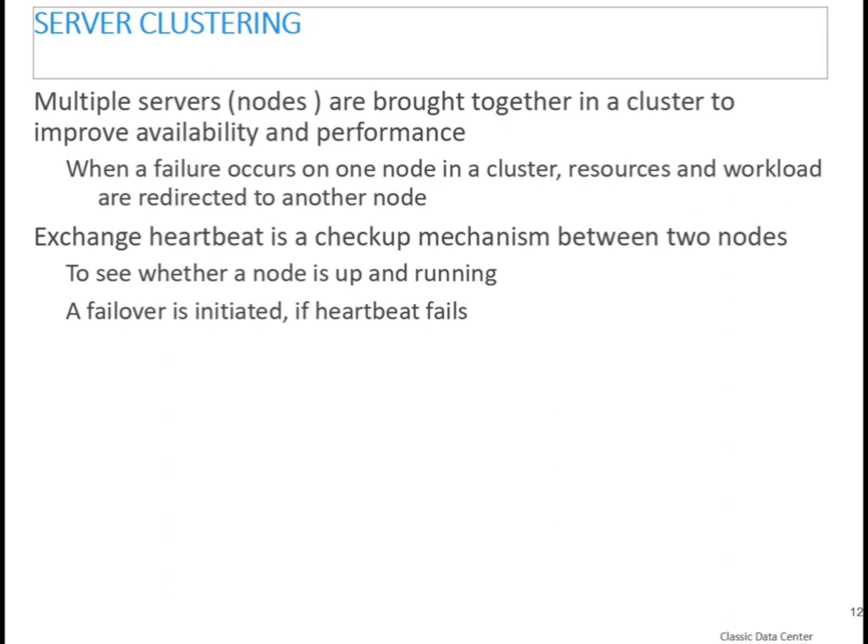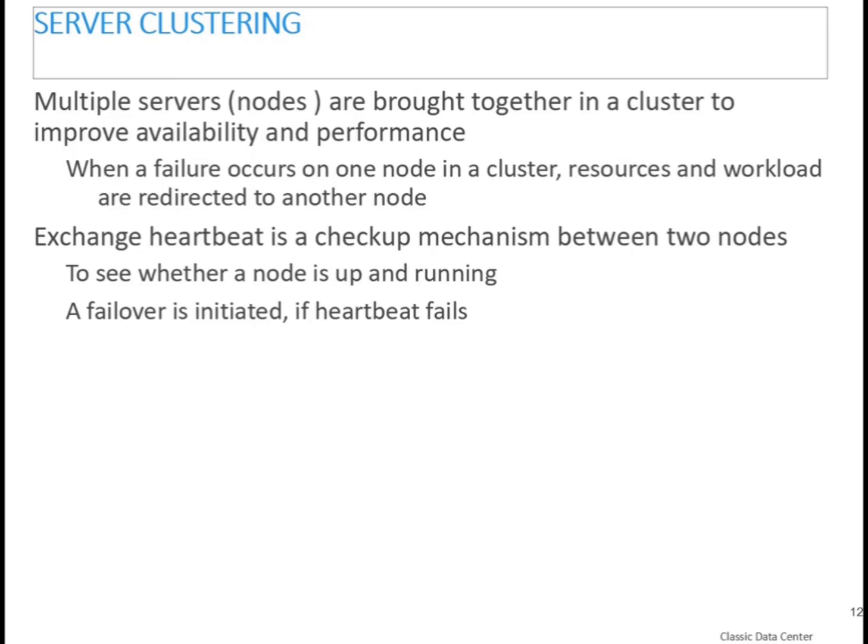So multiple servers or nodes are brought together in a cluster to improve availability and performance. These nodes communicate with each other over a private network. Communication between the nodes of a cluster enables the cluster service to detect node failures and status changes and manage the cluster as a single entity.